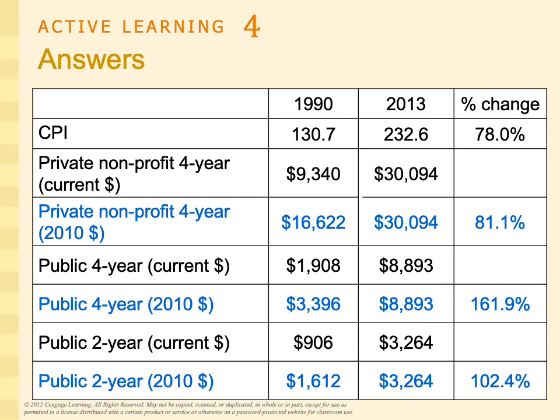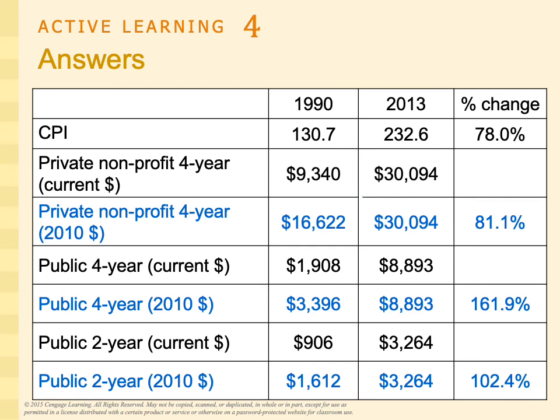All right, so here we go. Here are the figures. Hopefully this is what you got. If we need to, I can go over this in class next time we meet. That'll probably be helpful for everybody, but here are the answers, so you can pause and take a look at them. For private, nonprofit 4-year colleges, the real tuition and fees in 1990 were $16,622 in 2013 dollars.